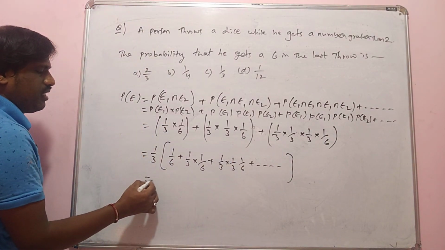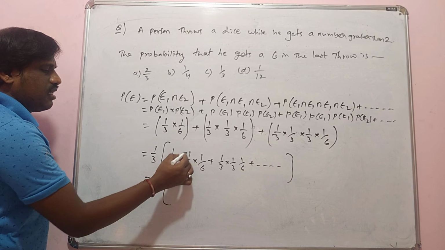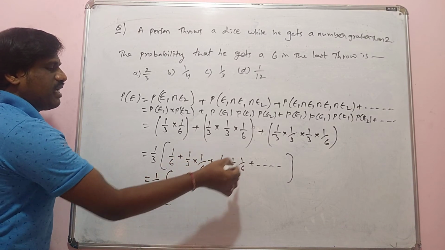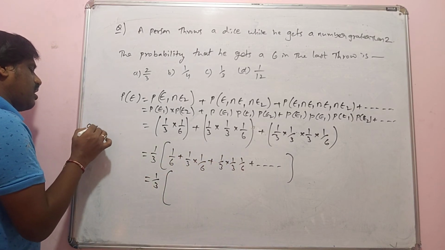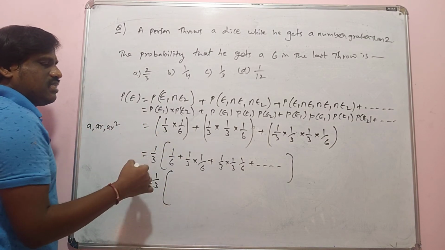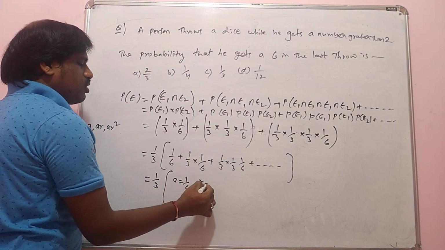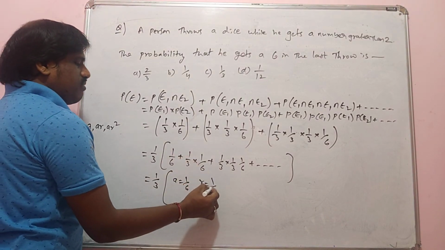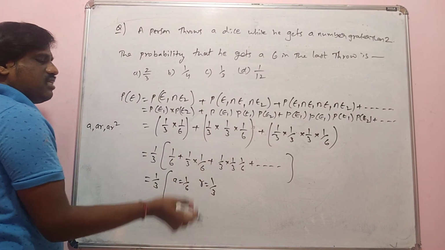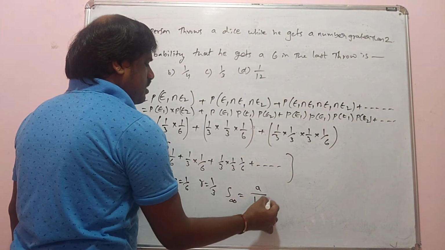It forms a GP: A is equal to 1 by 6, and the ratio, T2 by T1, is 1 by 3. The sum to infinity formula is A by 1 minus R.